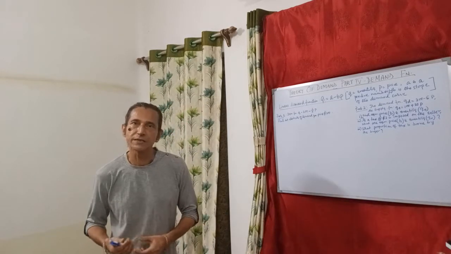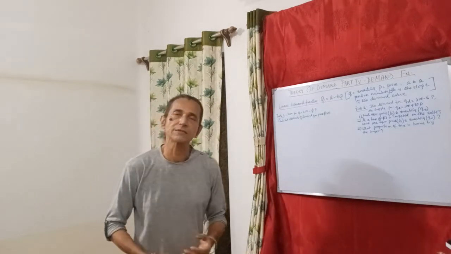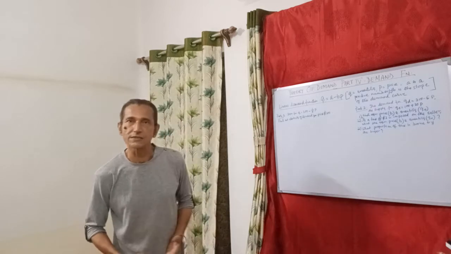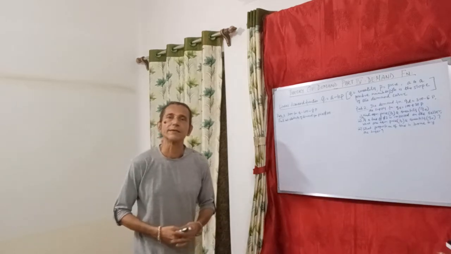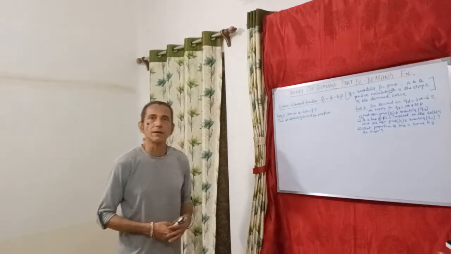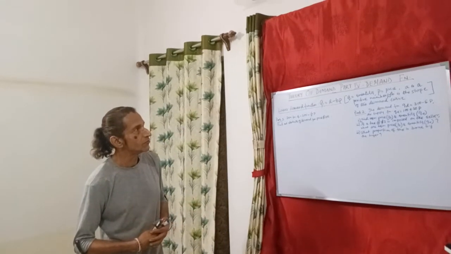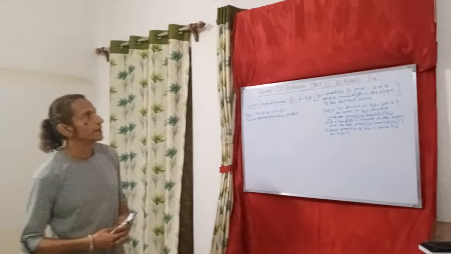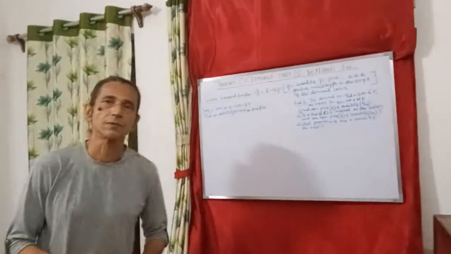And in part 3, I have discussed cross elasticity of demand and a little bit of income elasticity of demand. Now, income elasticity of demand will be discussed in detail in another video.